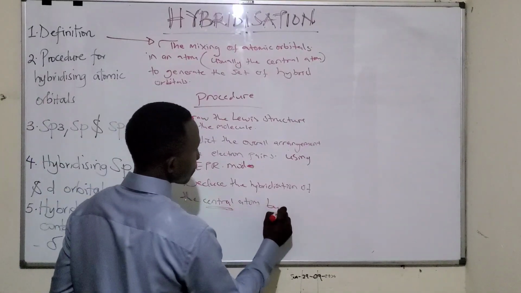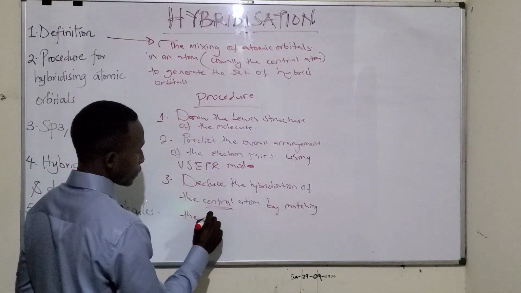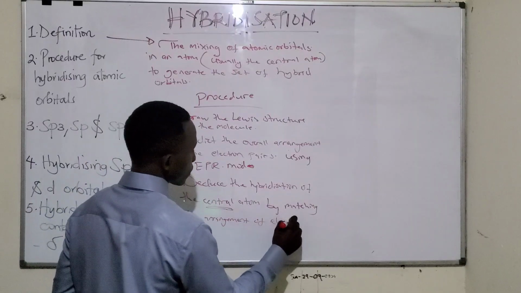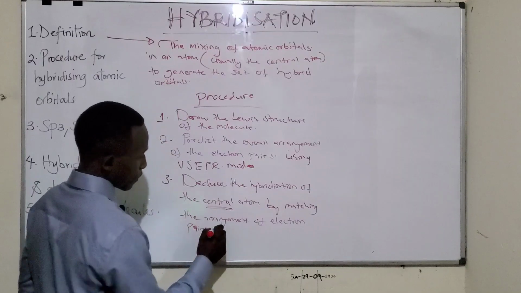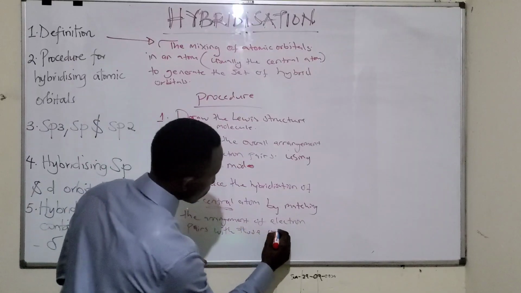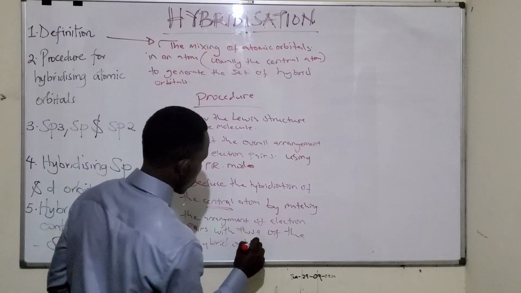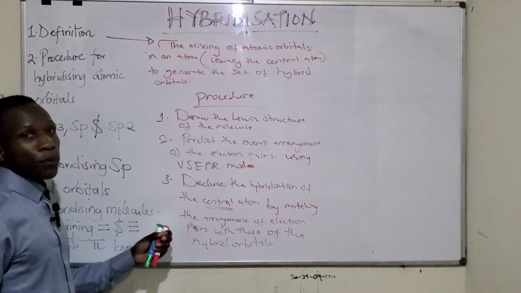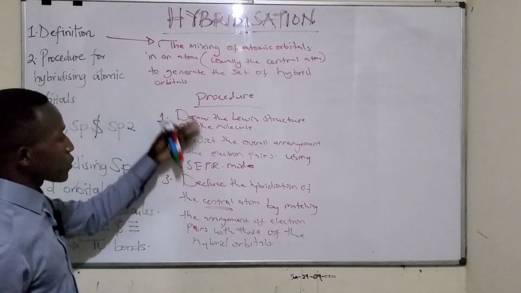We do this by matching the arrangement of electron pairs with those of the hybrid orbitals. So these are the three procedures we follow. If you keep it in mind, there's no need of drawing the Lewis structure, but we are going to do that because we need to see how it flows.